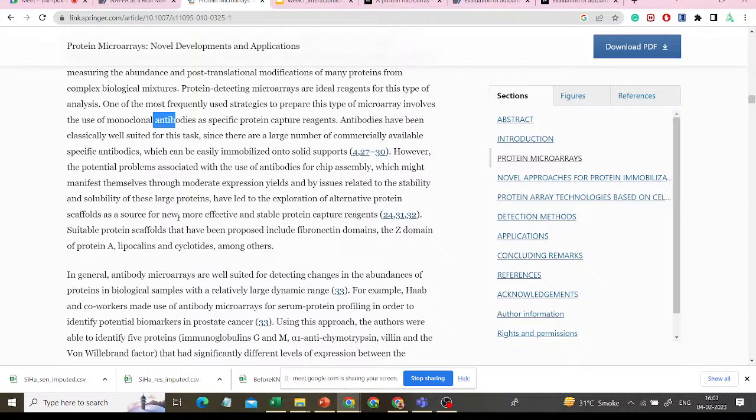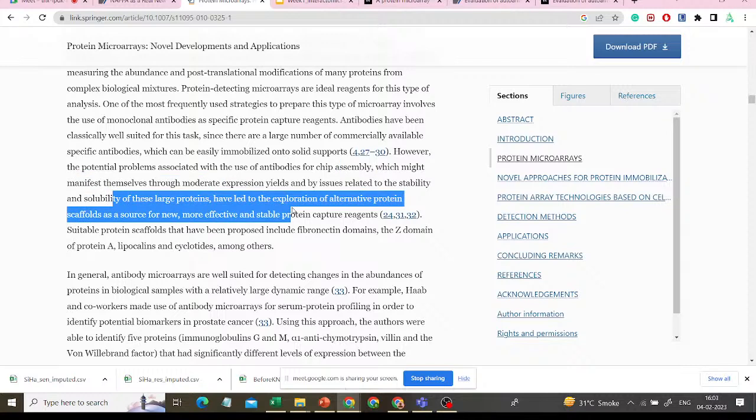Antibodies were generally used, and going through this you would understand why NAPPA or similar systems came into existence, and what their advantage was over those classical antibody arrays. It is quite natural that antibodies are quite specific and quite robust, but the potential problem was the cheap assembly, moderate expression, stability and solubility.